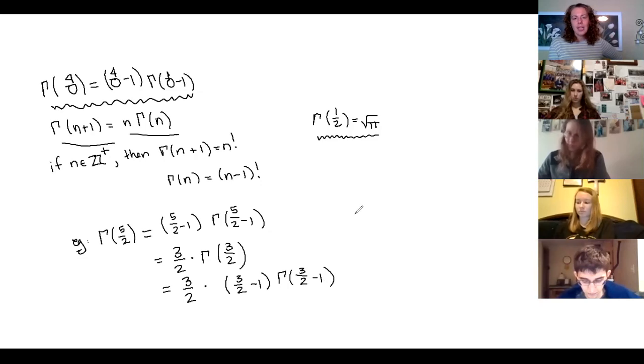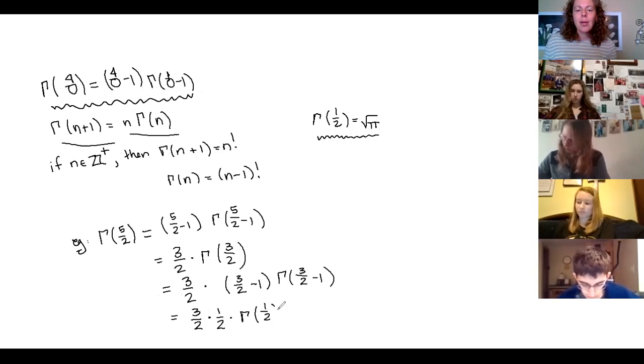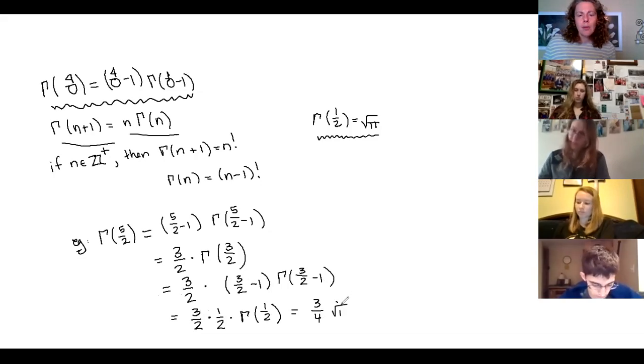It's a recursive relation, so you can subtract 1 again. And now I think we're in a place where we can evaluate. So 3 halves times 1/2 times gamma of 1/2, and then there's that hint that I gave you coming in. So your answer is going to be 3/4 times the square root of pi.